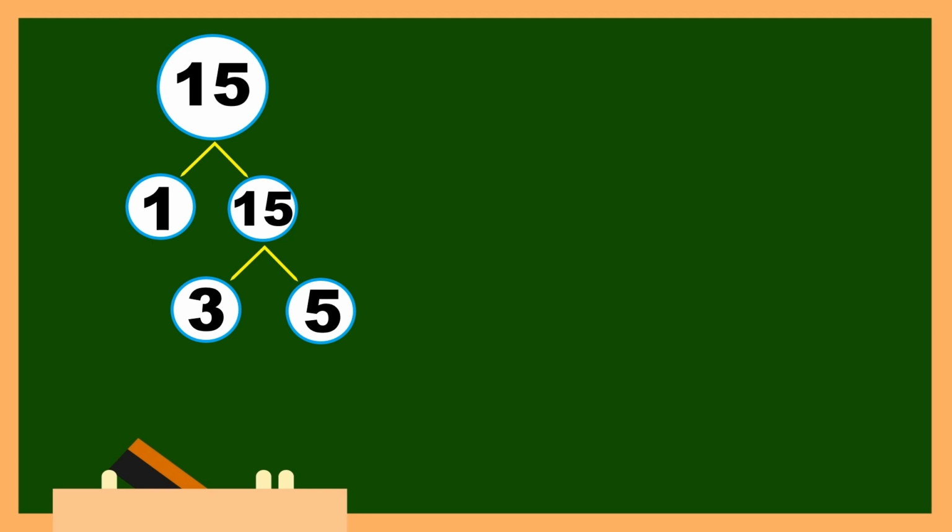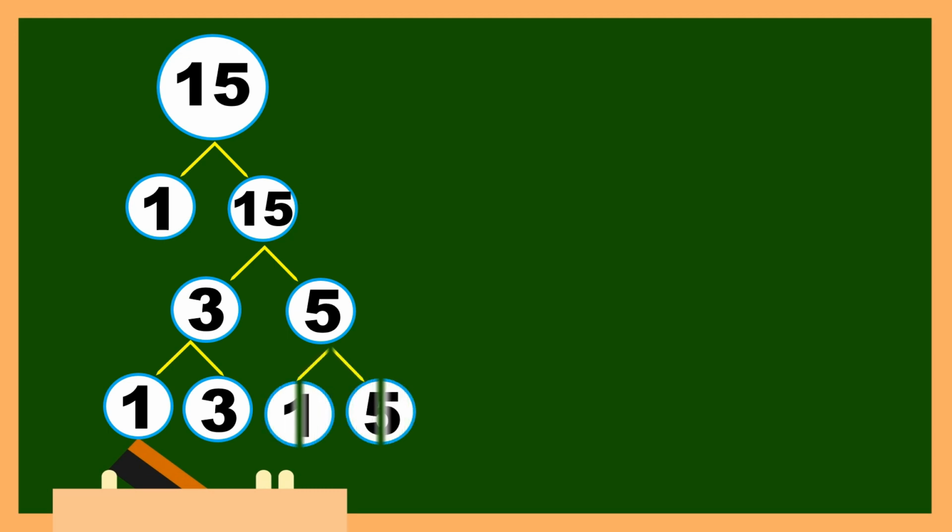And 3, ang factors niya ay 1 and 3. Kasi 1 times 3 is equal to 3. And ang 5 ay merong factors na 1 and 5. 1 times 5 is equal to 5. So, merong factors na 4 ang 15.